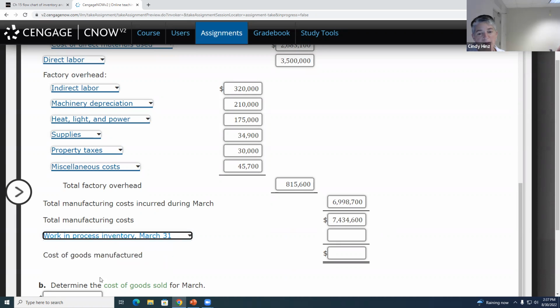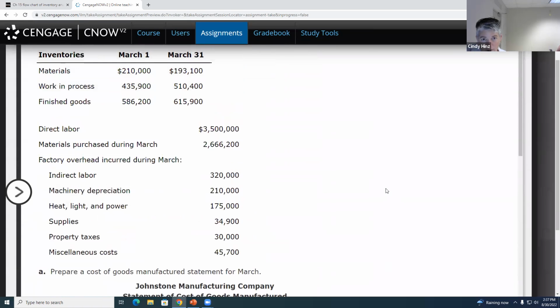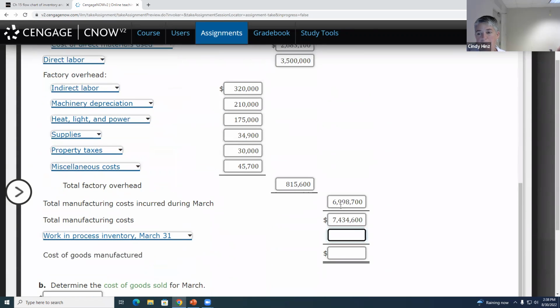If we subtract from that our ending inventory, which is given all the way up at the top, 510,400. So we ended the month with more than we started with. We started with only about 435. We ended with 510,000. And so you'll notice that our cost of manufacturing is a bit less than that.